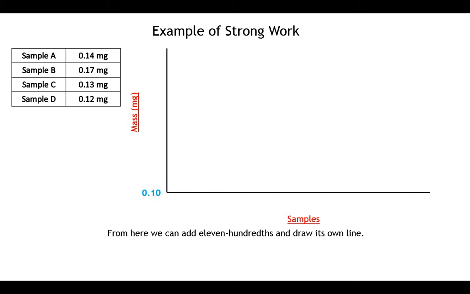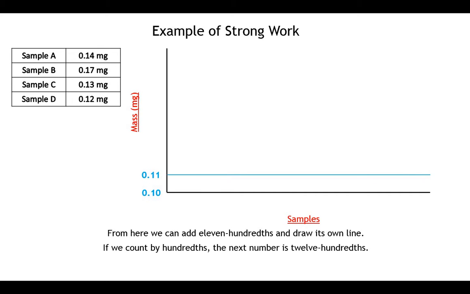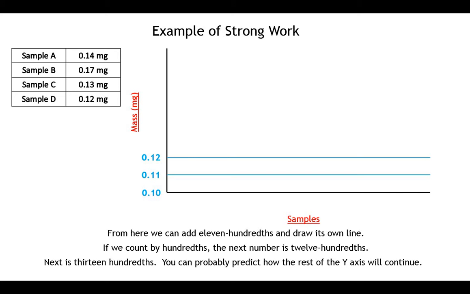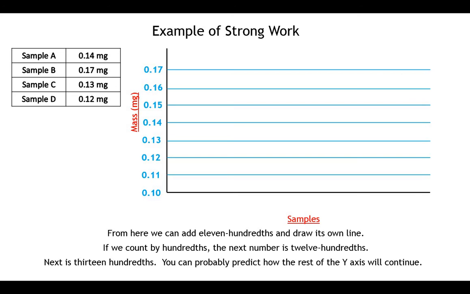From here, we can add 11 hundredths and draw its own line. If we count by hundredths, the next number is 12 hundredths. Next is 13 hundredths. You can probably predict how the rest of the y-axis will continue.